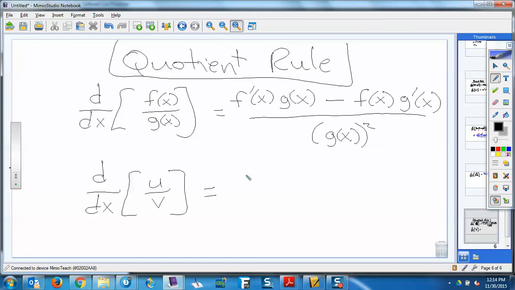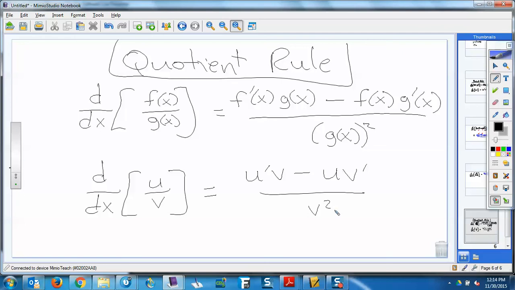And that would be the same as u prime v minus u v prime all over v squared. That's the way we'll usually say it to ourselves as we're memorizing it and thinking about it.